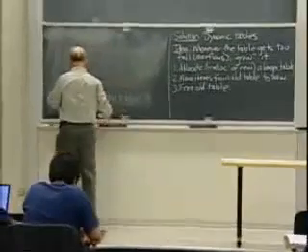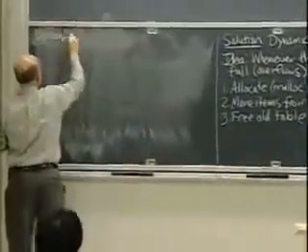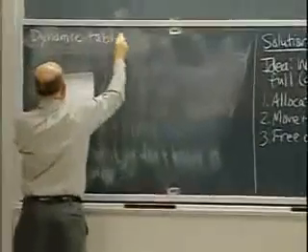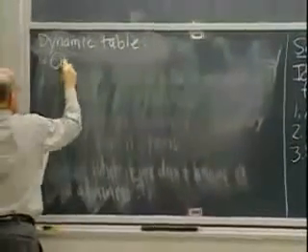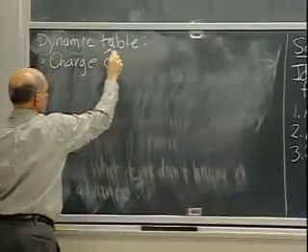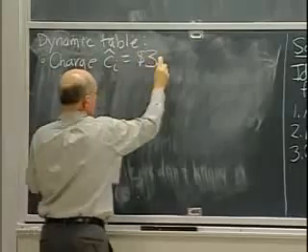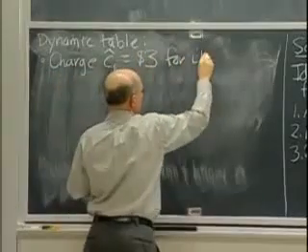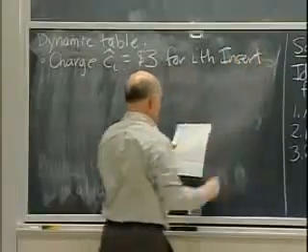So, back to the dynamic table. Okay? So what we're going to do in this case is charge an amortized cost of $3 for the i-th insert, for all i.